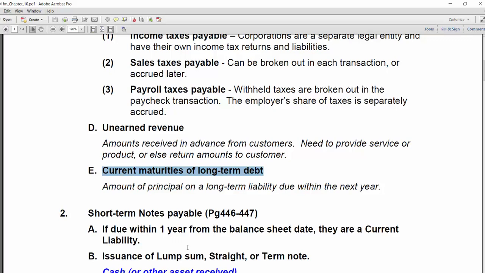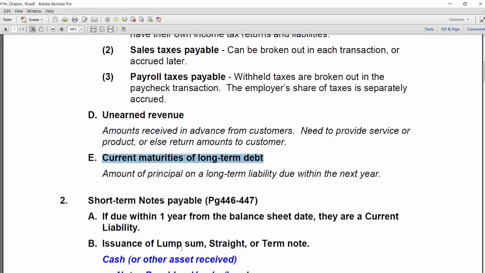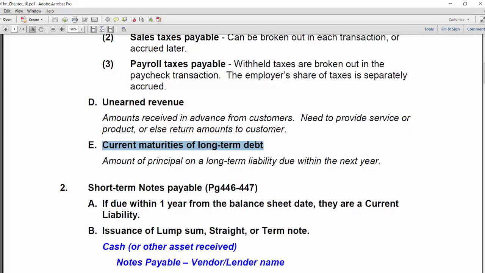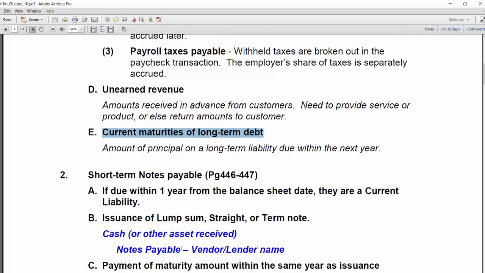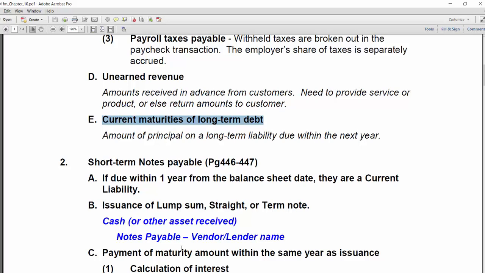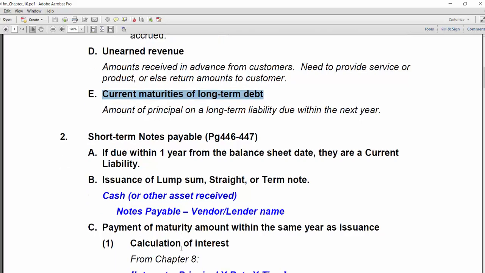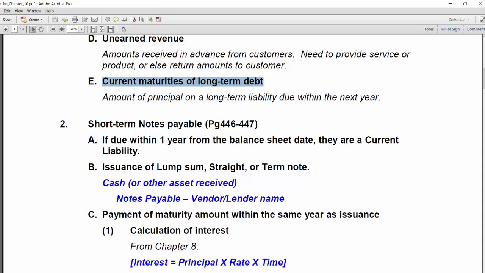There's also this old school type which is called a lump sum straight or a term note. In that situation, you receive cash or whatever assets you issued the note in order to get, and credit notes payable for the vendor or the lender's name. And if you were to pay the thing back within the same year where you borrowed the money, then you'd calculate your interest just like we did back in Chapter 8 for notes receivable, but for the note payable.